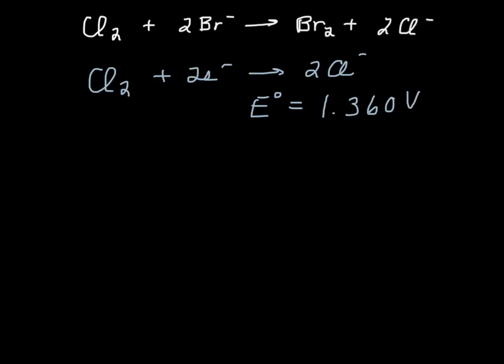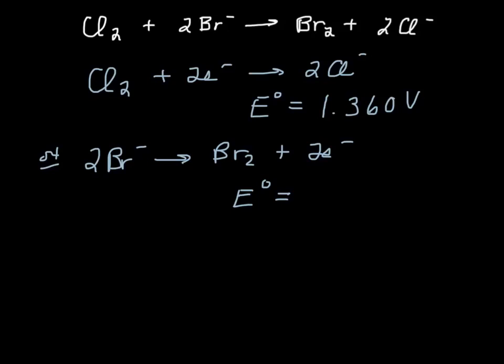Then 2 Br minus gives me Br2 plus 2 electrons. You'll find that reaction written backwards, because this is an oxidation but the table has it as a reduction: Br2 plus 2 electrons gives you 2 Br minus, at plus 1.077. But because we've reversed the reaction, we have to make it negative 1.077 volts.